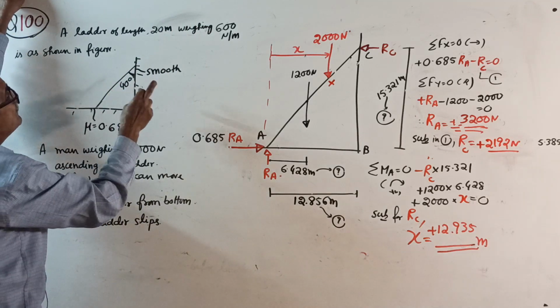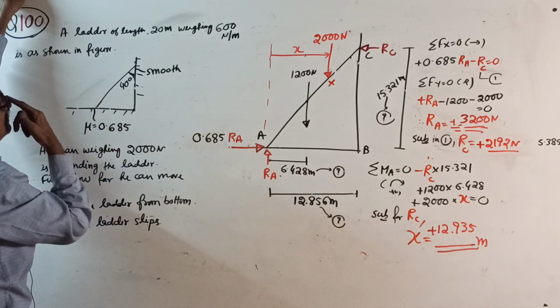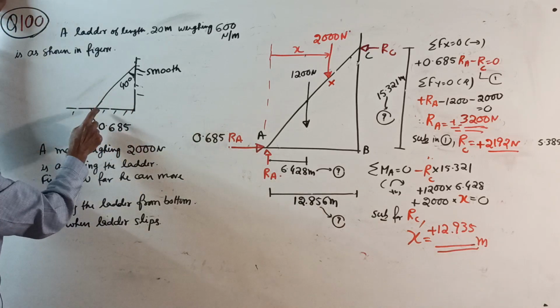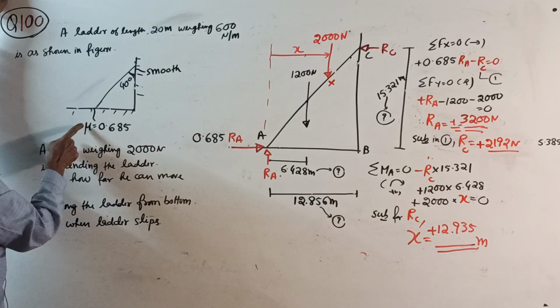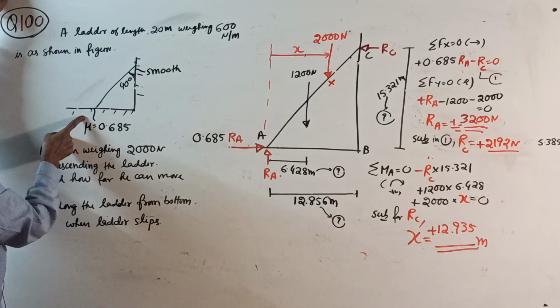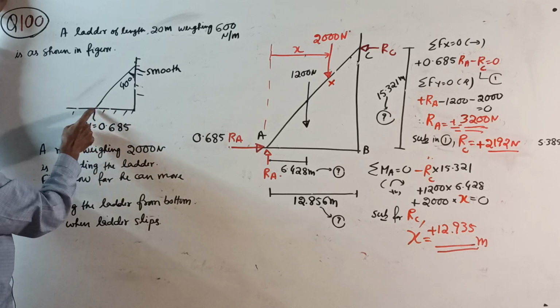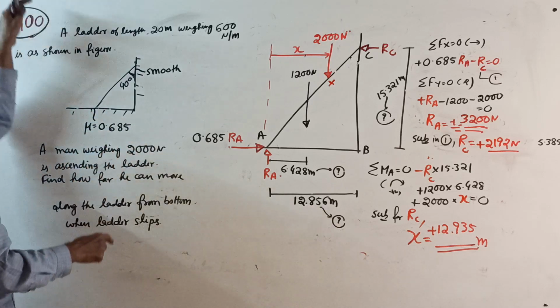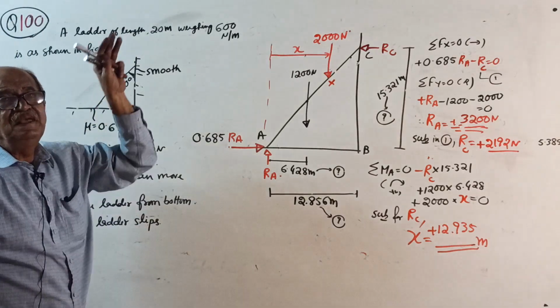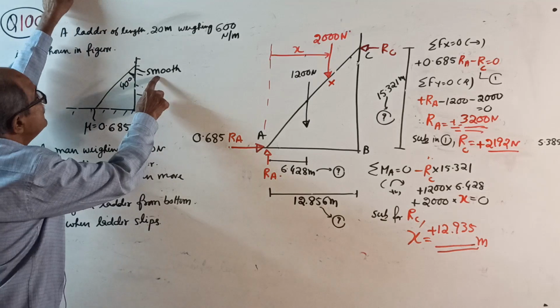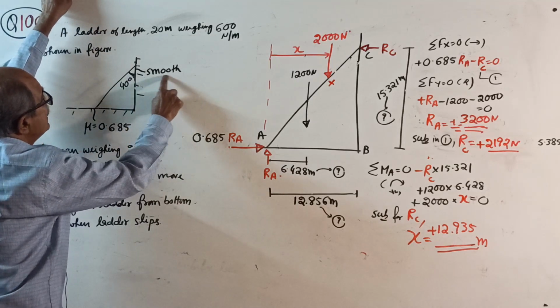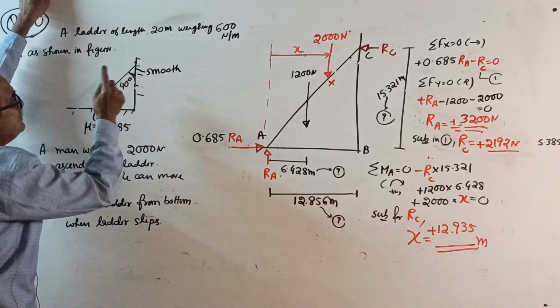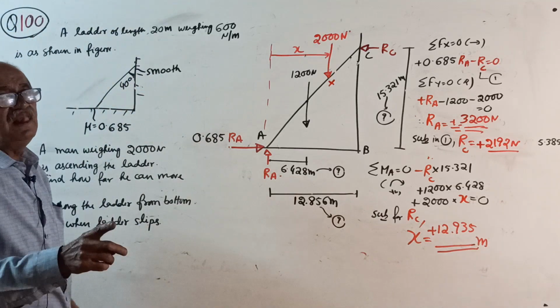Then it is placed on a rough horizontal plane or ground where coefficient of friction is 0.685 and the ladder is leaning against a smooth vertical wall at an angle of 40 degree with the wall. With the vertical they are given angle.